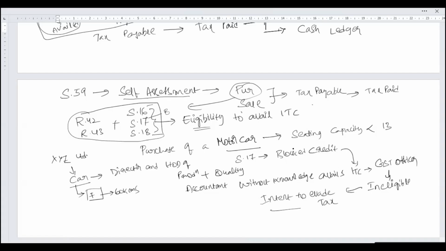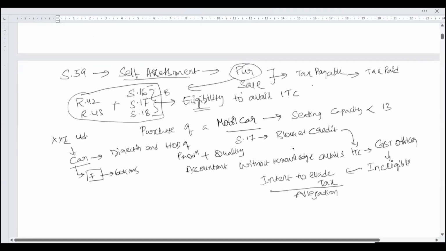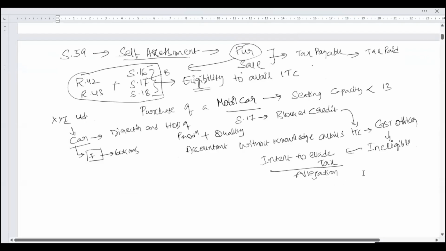This is an allegation which the GST officer is going to put on the company. So the GST officer will say, you have an intention not to pay tax. You evaded tax. When they say evasion of tax, this is more like a fraud.